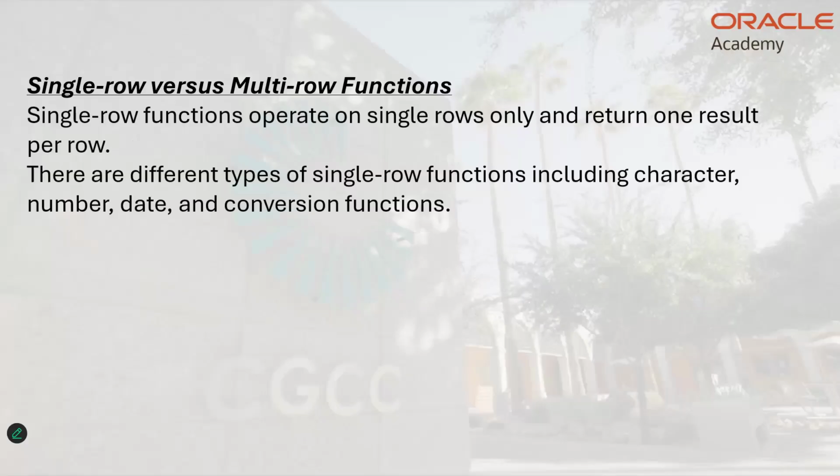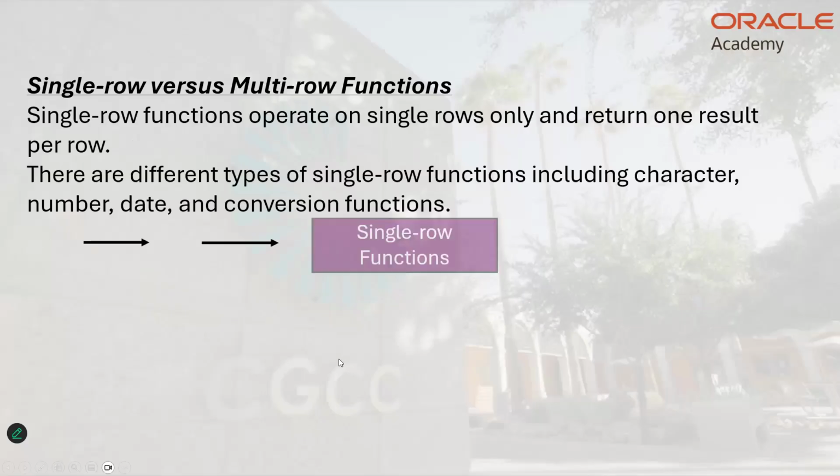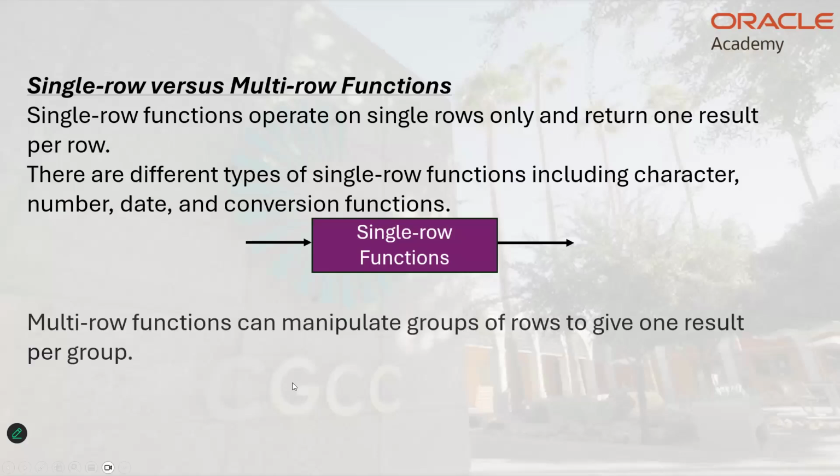So there are different types of single row functions, including character, number, date, and conversion functions, which is what we're going to address first. As I said, you take an argument, put it in the function, which is usually enclosed in parentheses, and it creates an output. A multi-row function can manipulate a group of rows to give one result.